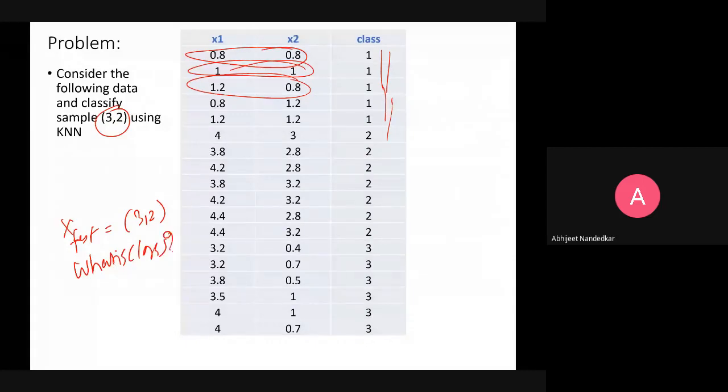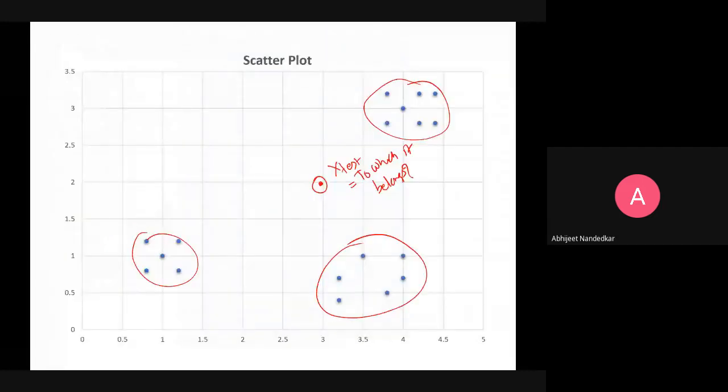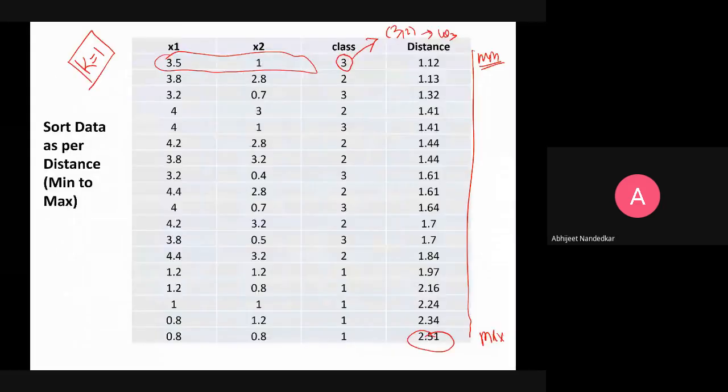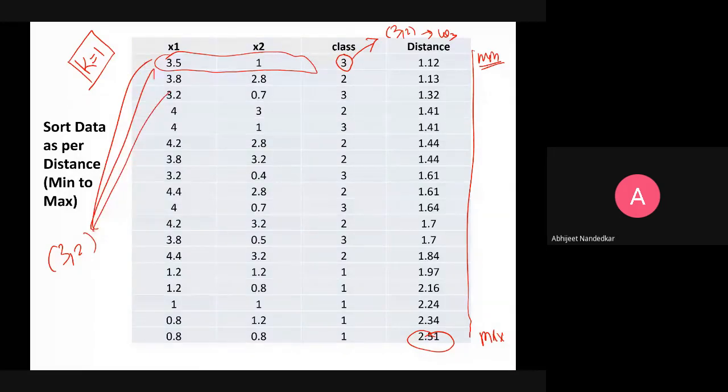So what we did, you can see the scatter plot of these samples. There are actually three groups, say omega 1 here, maybe omega 2 here, omega 3 here. Then we take that (3, 2) and find the distance with each of these given training prototypes, and then arrange these points according to their distances.